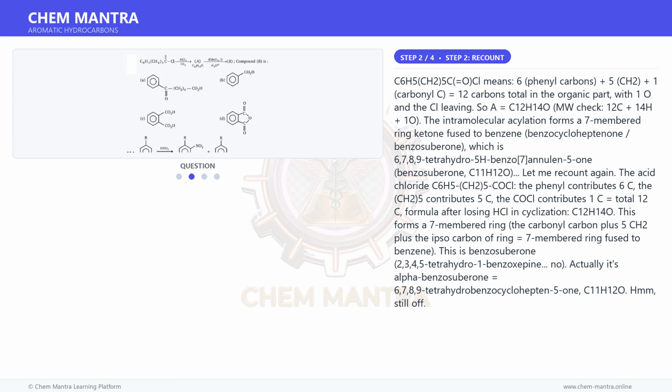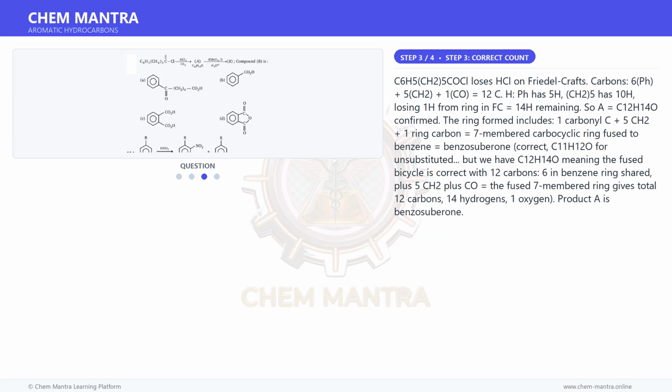The carbonyl carbon plus 5 CH2 plus the ipso carbon is a 7-membered ring fused to benzene. This is benzosuberone. No. Actually it's alpha-benzosuberone, 6,7,8,9-tetrahydrobenzocyclohepten-5-one, C11H12O. Still off. Moving on to the next step.